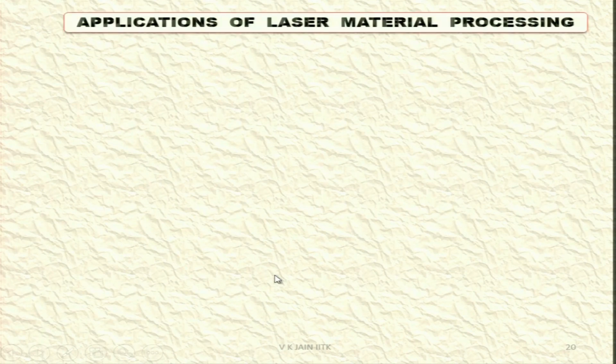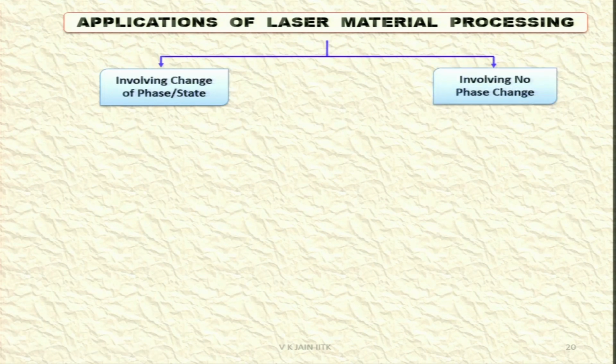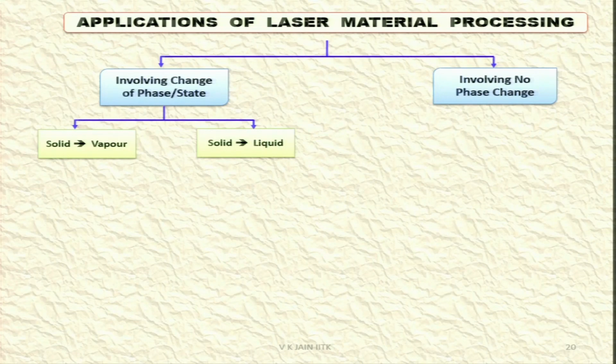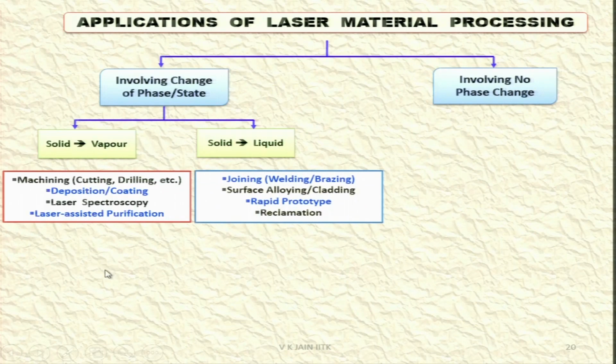Applications of laser beam material processing. Applications of laser material processing can involve a change of phase or state, or involve no phase change. In change of phase, solid turns to vapor, that is direct evaporation, or solid turns to liquid. You can see by this, machining involves cutting, drilling, etc., deposition, coating, laser spectroscopy, laser assisted purification.